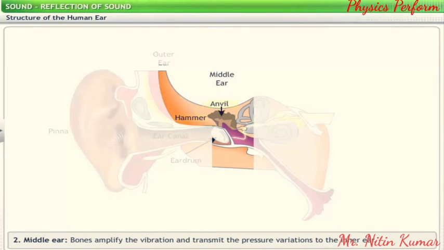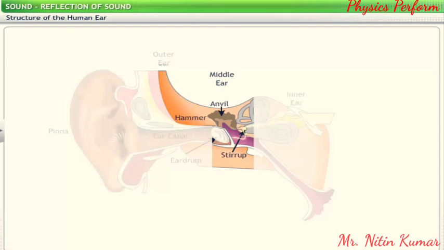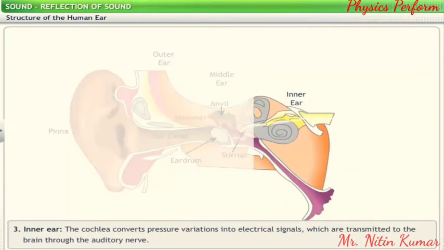The middle ear is comprised of 3 bones: the hammer, anvil, and the stirrup. These bones amplify the vibration and transmit the pressure variations of the sound waves to the inner ear. The inner ear is comprised of various parts, including the cochlea and an auditory nerve.